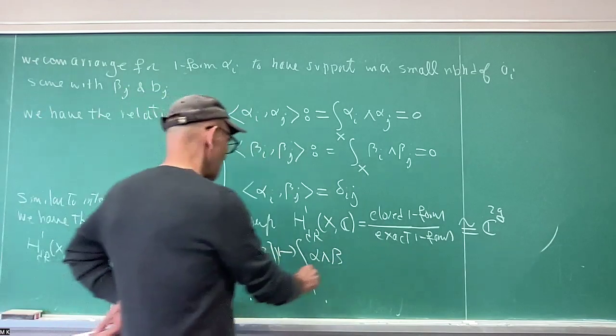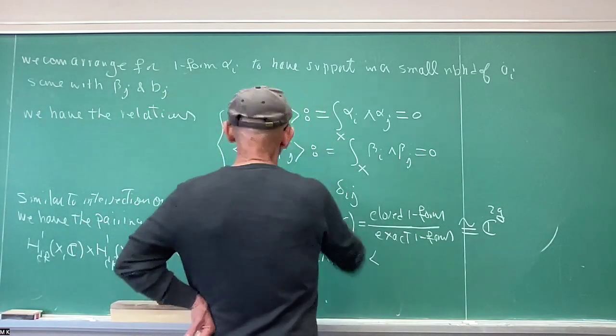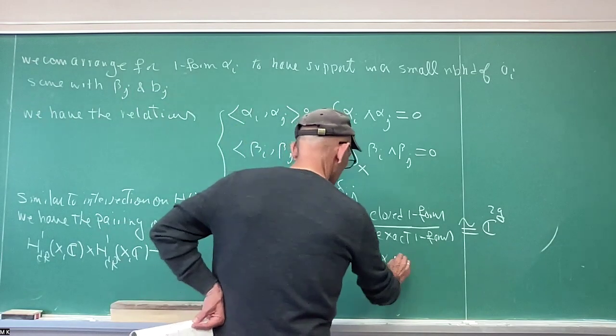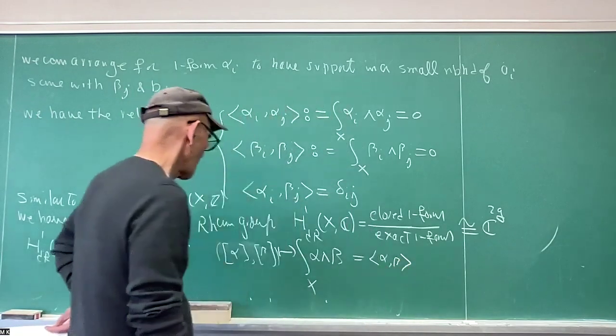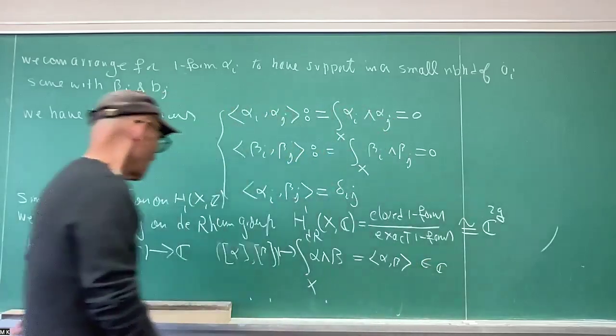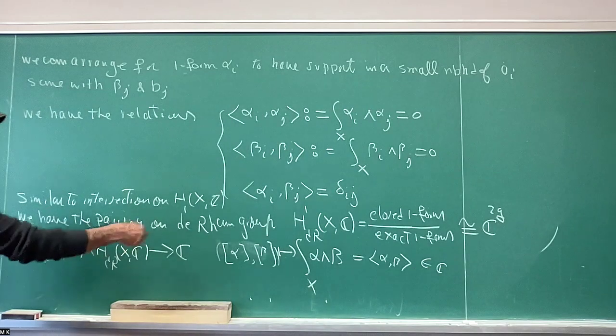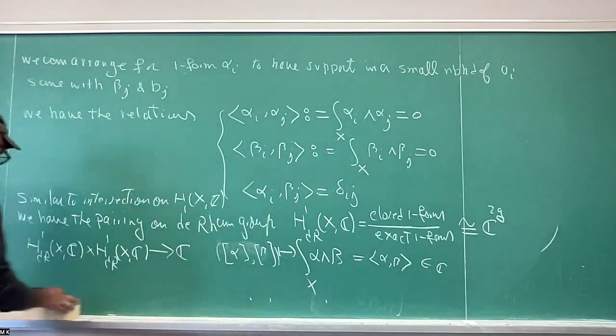So here I denoted it by maybe this notation, alpha, beta. It's just a complex number. And similar to singular homology, this is also antisymmetric.